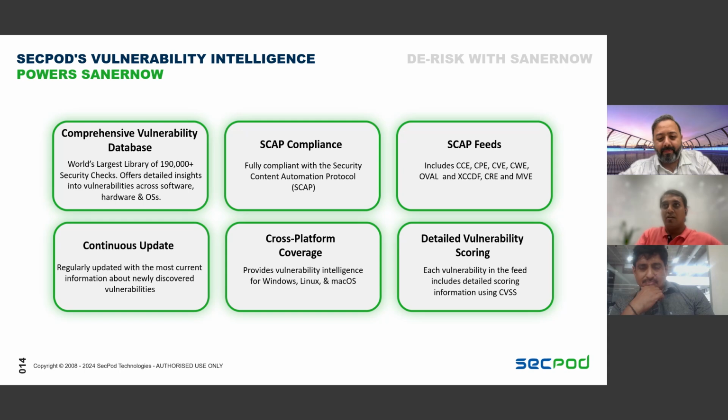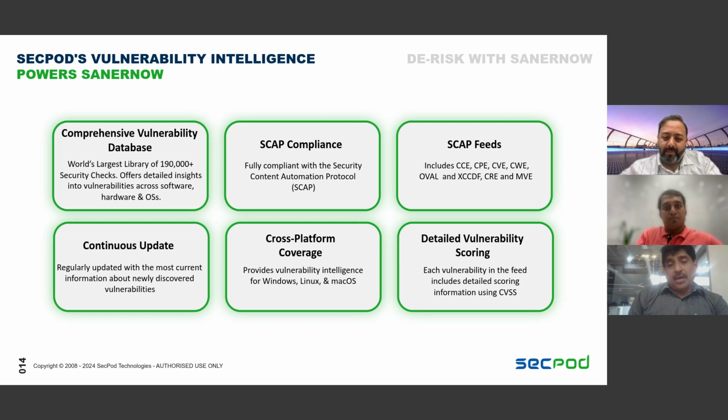It also helps us identify the latest vulnerabilities and helps customers mitigate them. Those are very critical things. So this dynamically evolving intelligence is what makes the SanerNow vulnerability management platform so effective in a rapidly changing threat landscape.